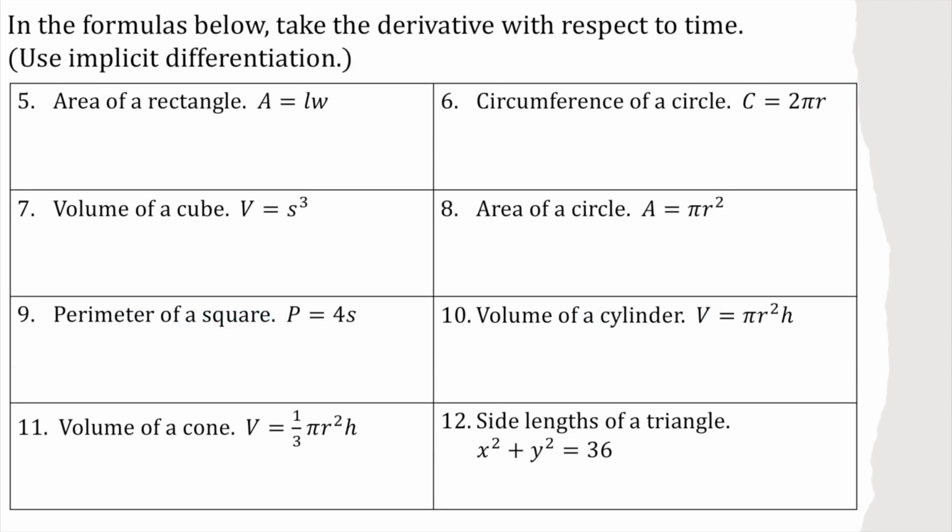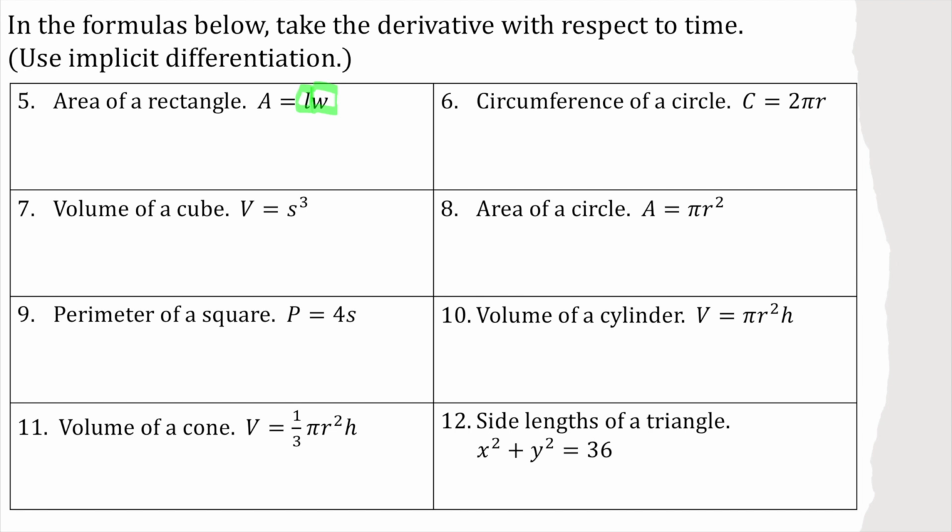Now we're going to do some quick implicit differentiation with some equations or formulas that hopefully you've seen before. So the area of a rectangle, we're going to differentiate this with respect to time. We take the derivative of both sides with respect to time, and notice on the left we have two functions being multiplied together.